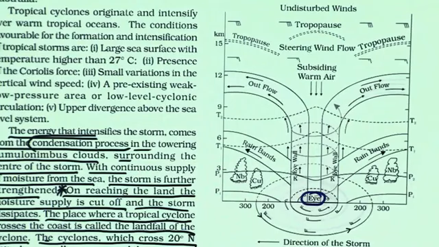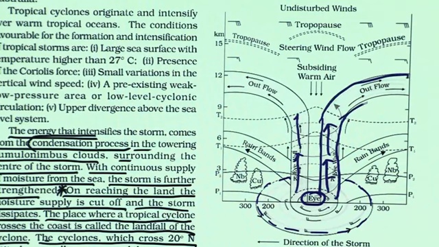Eye of the cyclone. Low pressure system. Air converging, rising. Rise being strongest along the eye. This is what is being marked in our NCERT as the eye wall. And the eye wall facilitates this outflow with rain bands.